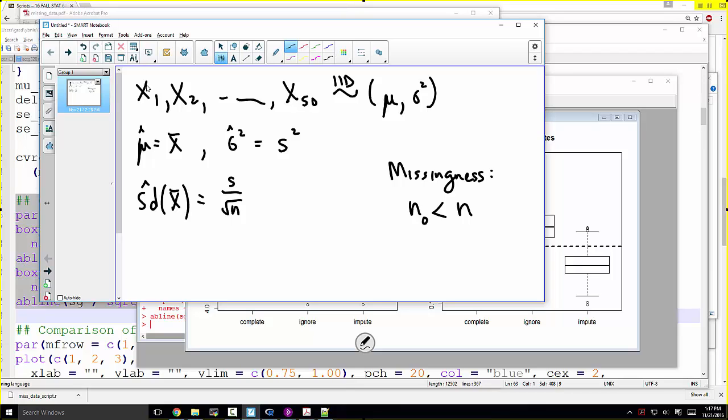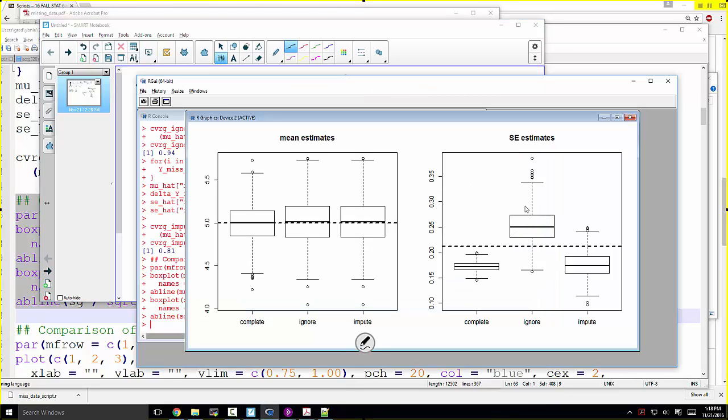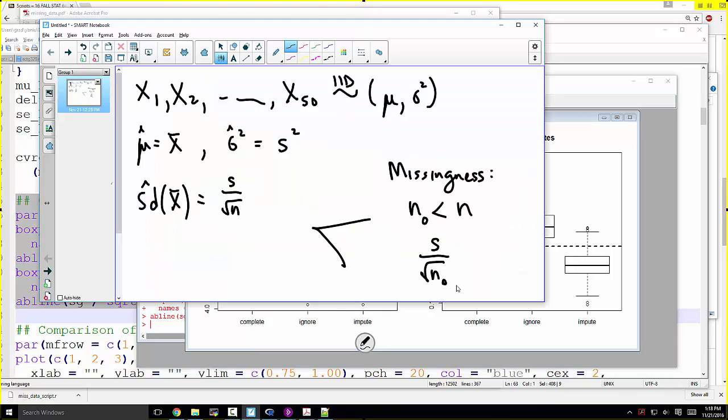So that means our estimate of S divided by the square root of N0 is dividing by a number that's smaller than it would have otherwise been, which means this is going to be bigger than the complete case. We look at this picture on the right panel, the standard error estimate after ignoring the incomplete data is inflated. And the main reason for that is because we simply have fewer observations. We are dividing by a smaller number in our denominator of the standard error.